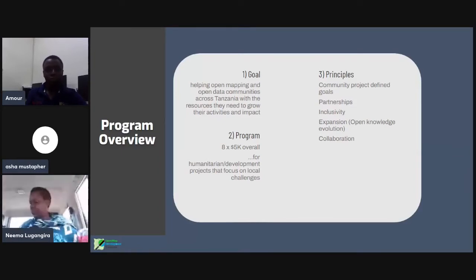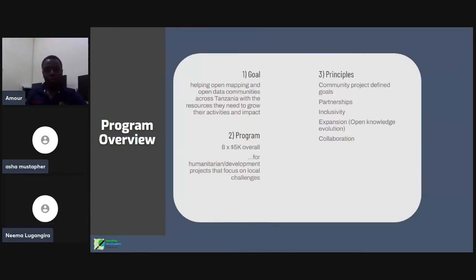We received this project from the Humanitarian OpenStreetMap Team through the project called Audacious, which envisions to map the homes of 1 billion people, to put the homes of 1 billion people on the map.